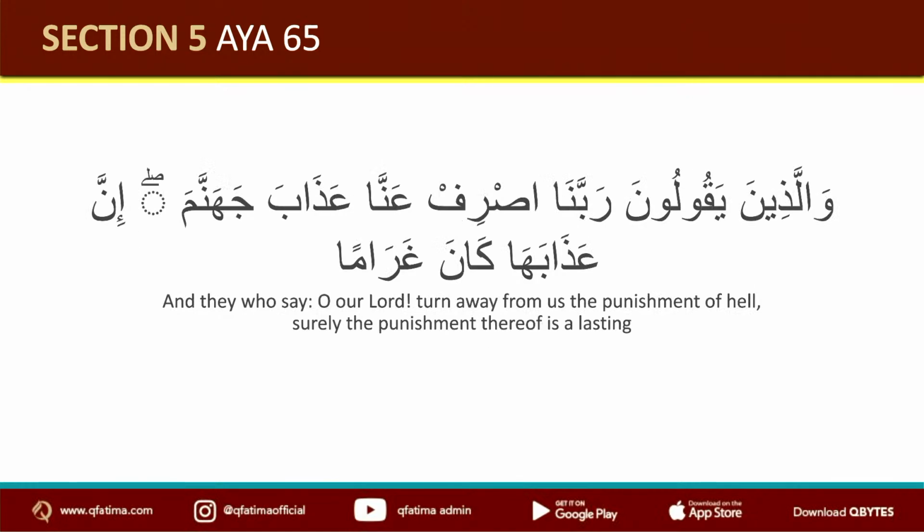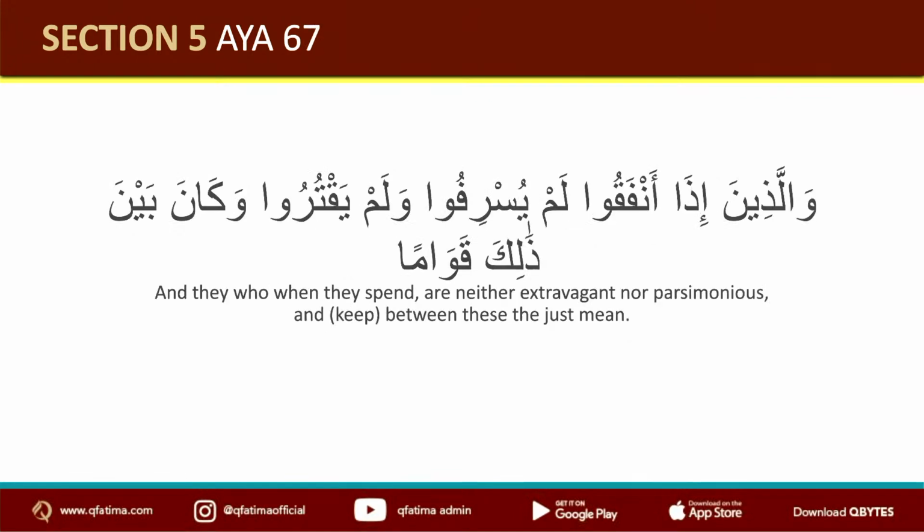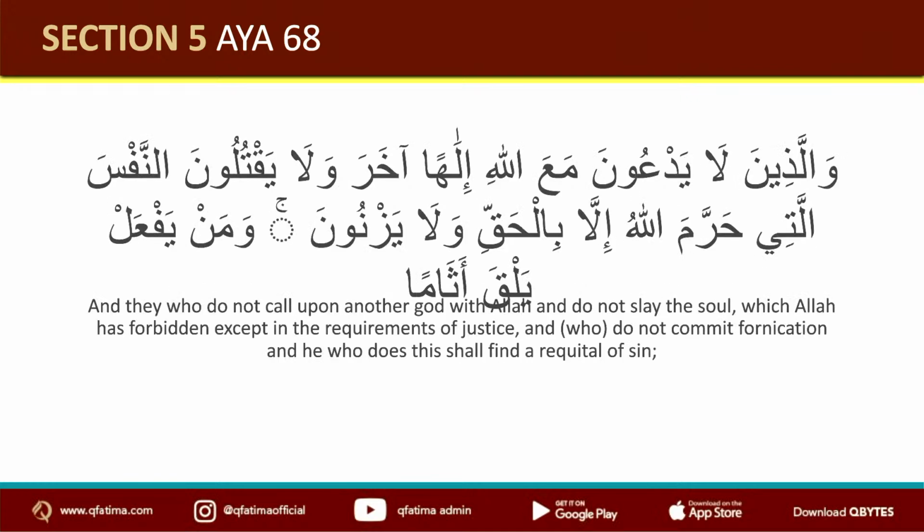Next one. And they have a powerful vision of the Akhirah. Okay, so that carries through. Now, their shopping habits are moderate. They're not stingy and they're not over-spenders. Okay, you good with that? Next one.